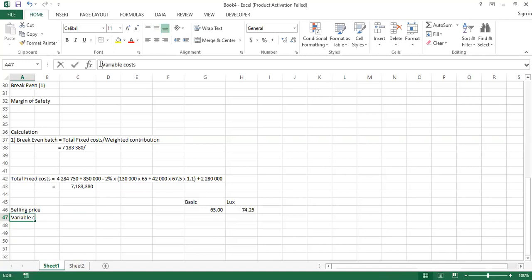So let's just say total variable costs per unit. So we have this variable cost now, so we should remember to include this 2% here. It's very easy to forget variable costs that are non-manufacturing. So we need to make sure that those need to be incorporated.